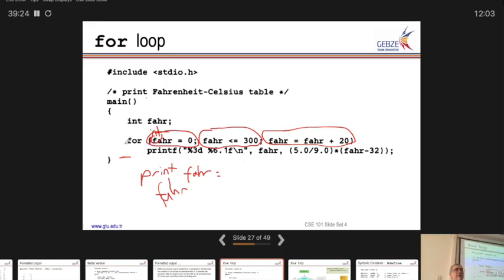And Fahrenheit, in this example, is quite visible name. But names like I, J, K, those variables, index variables, are usually falsely used by mistake.